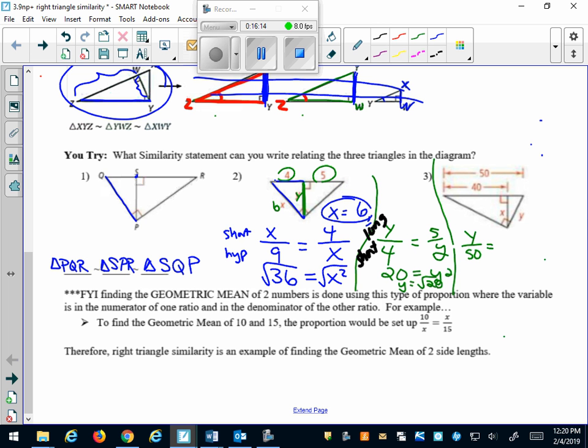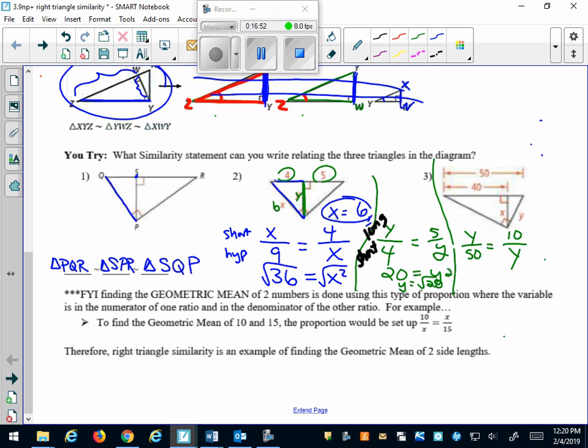Short leg to hypotenuse. Okay. Well, now if I do short leg to hypotenuse of my smallest triangle, what's the hypotenuse of my smallest triangle? Which one? Y. And what's the short leg? 10. So you see how it ends up again? Y on top, y on the bottom. And then you have to, right, cross multiply and end up taking a square root. Okay.